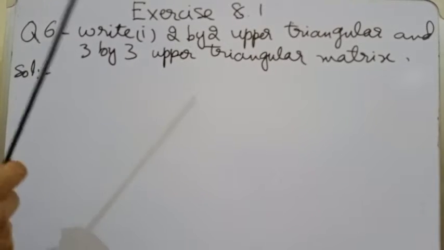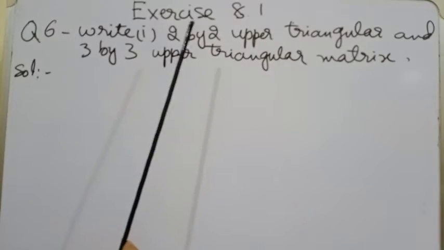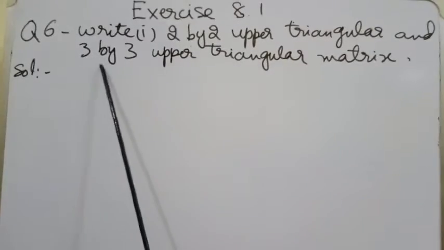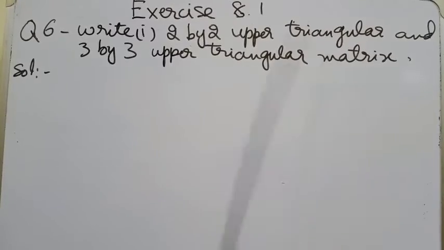Question number 6. Write the first part, 2 by 2 upper triangular and 3 by 3 upper triangular matrix. Solution.